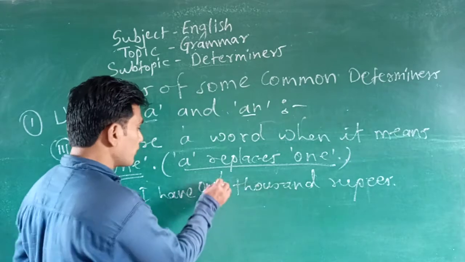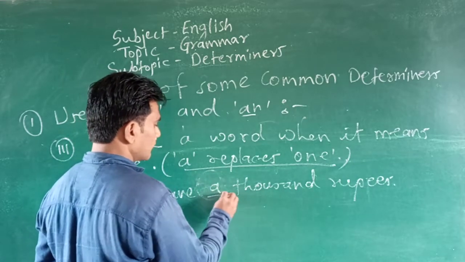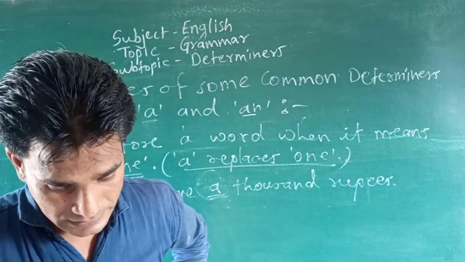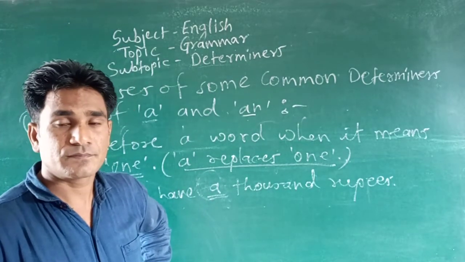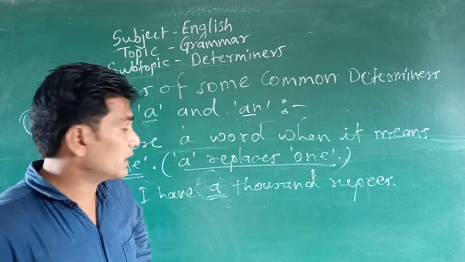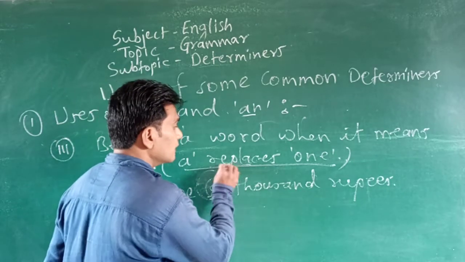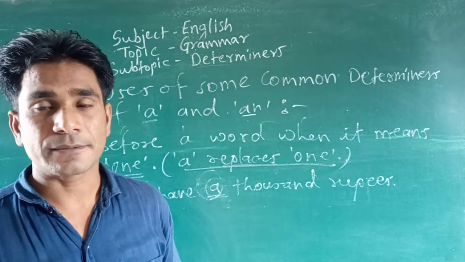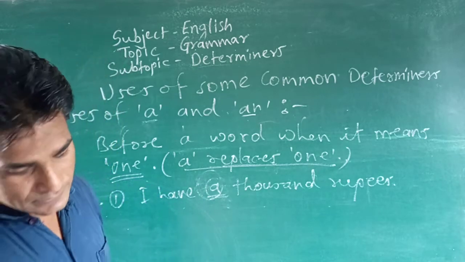So in place of one, you can use a there: I have a 1,000 rupees. So here we can understand that a replaces one.